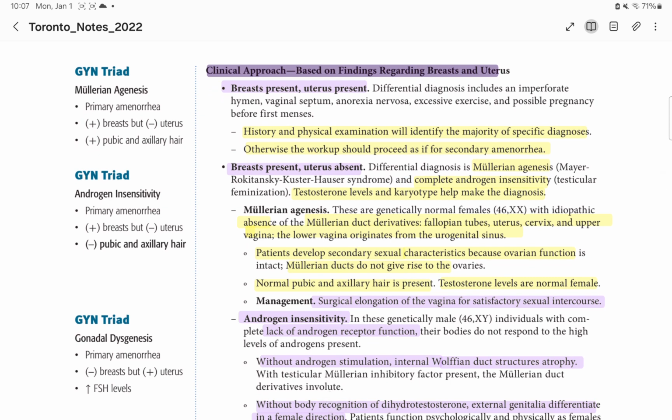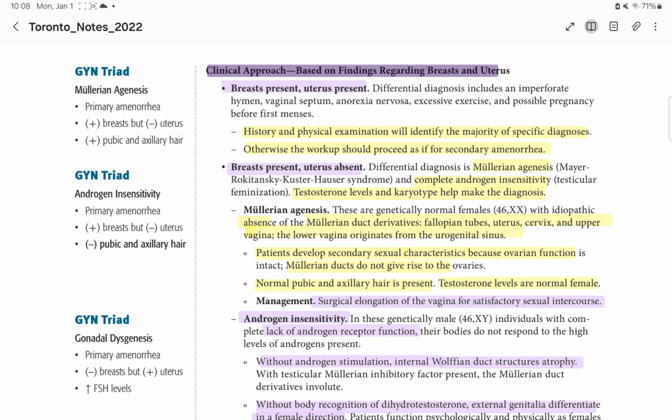Clinical approach. So breast present, uterus present, and history and physical examination will identify the majority of specific diagnoses. Otherwise, the workup should proceed as for secondary amenorrhea.